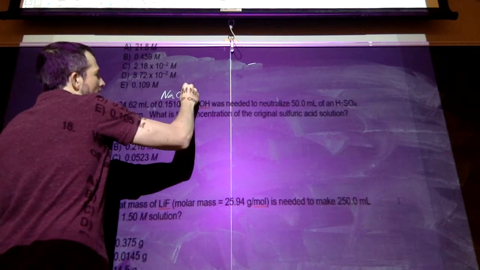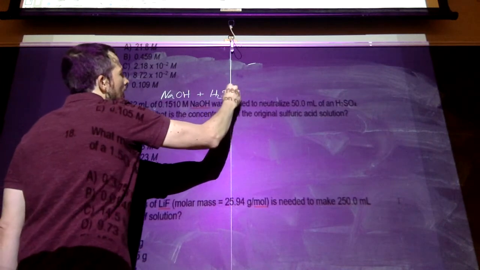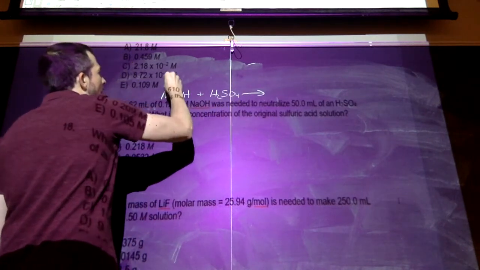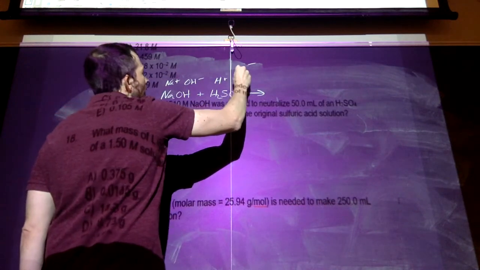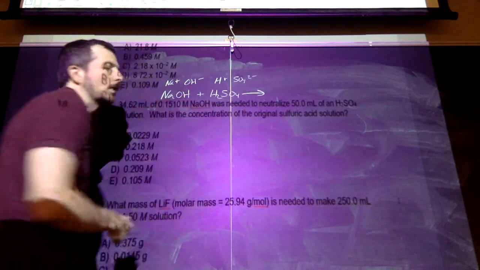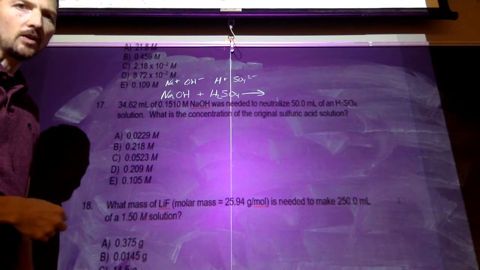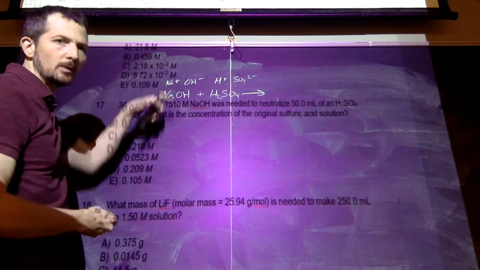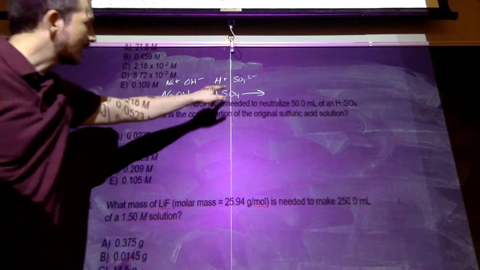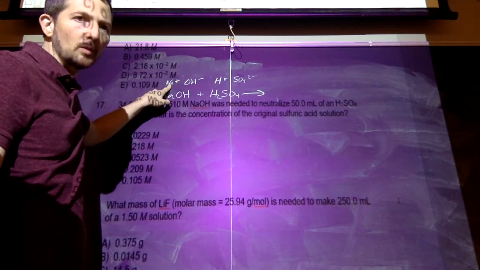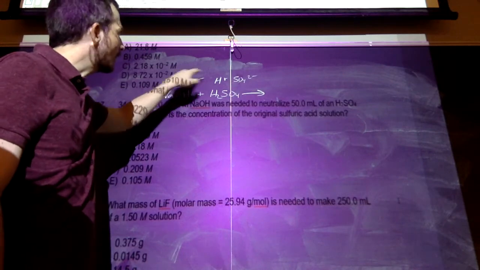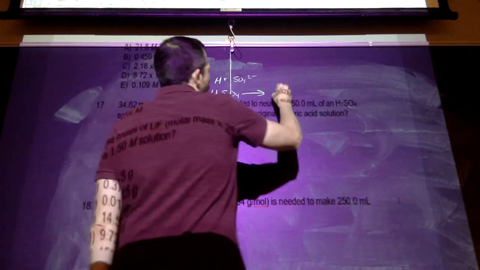So sodium hydroxide plus sulfuric acid. Okay, so I show its ions are formed. So take the positive in my first, pair with the negative in the second. Sulfate's a 2 minus, paired with the sodium, which is +1, so I need 2 of them to balance it out, so Na2SO4.